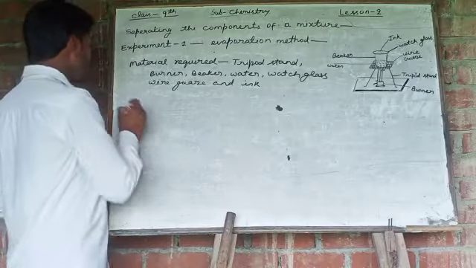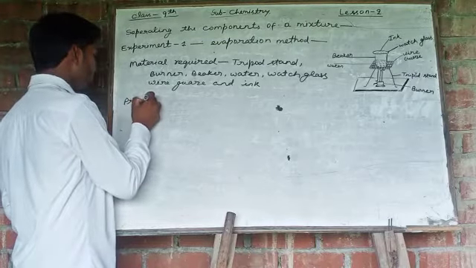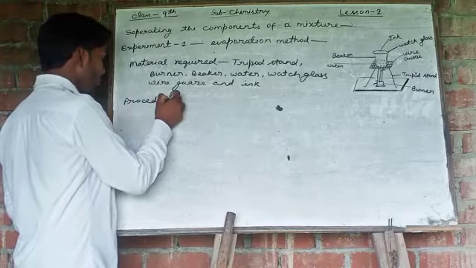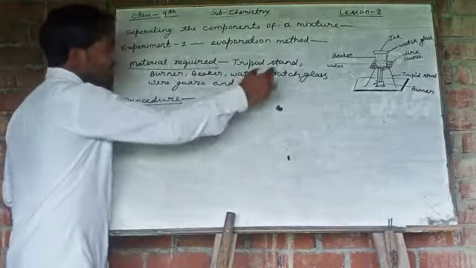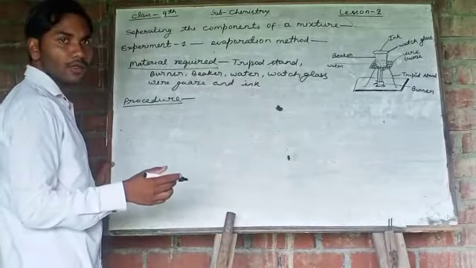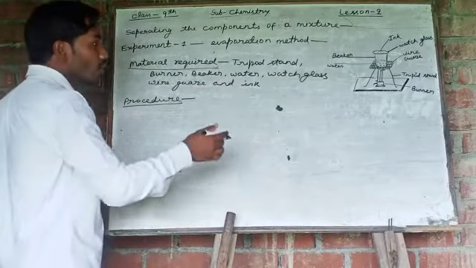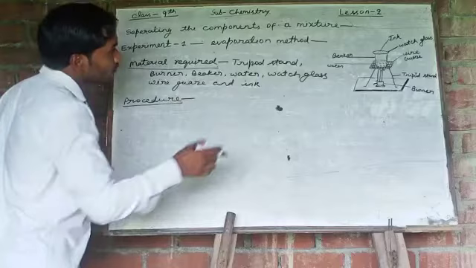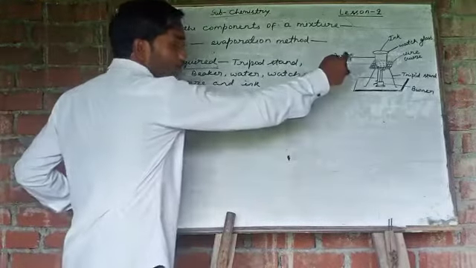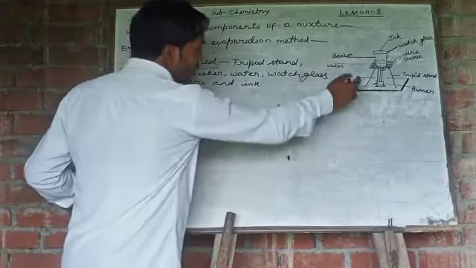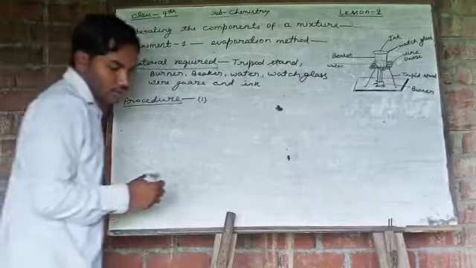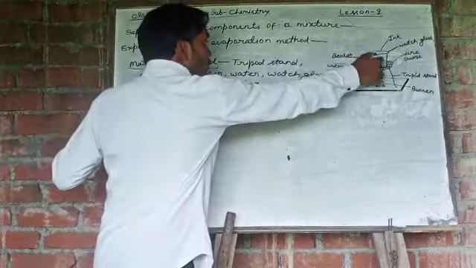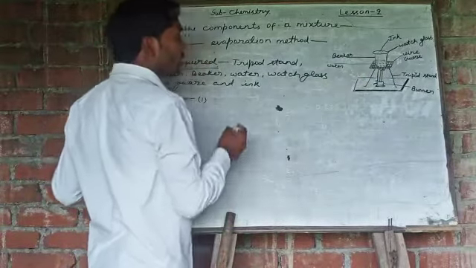So, the procedure: how can we do this experiment? First of all, we will have to fix the apparatus like this. The first step is that we fill the beaker half full with water.